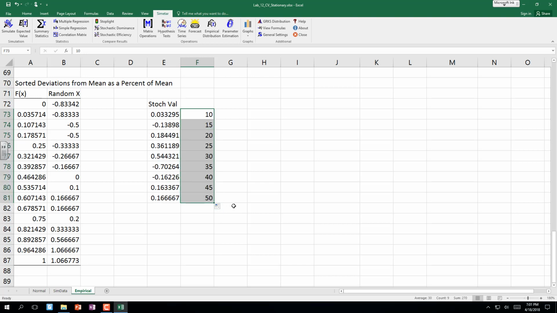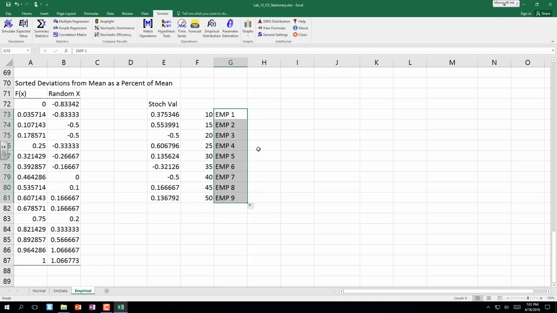So technically the coefficient of variation should be constant or going down, okay? So let's simulate this, okay? So we'll call this EMP 1 down to whatever we're at, 9. So it's equal to the mean times left parenthesis 1 plus that stochastic deviate.